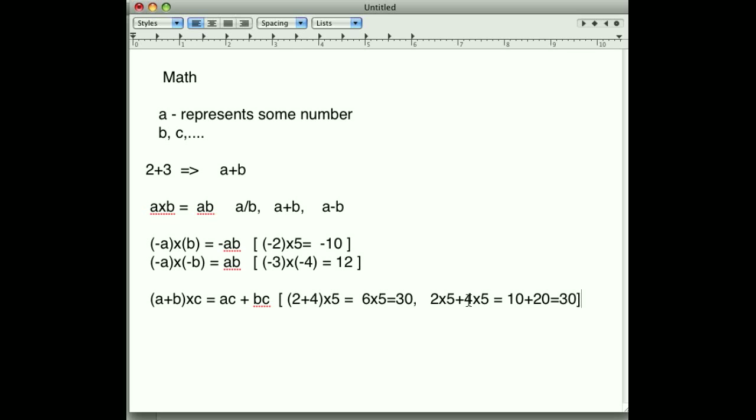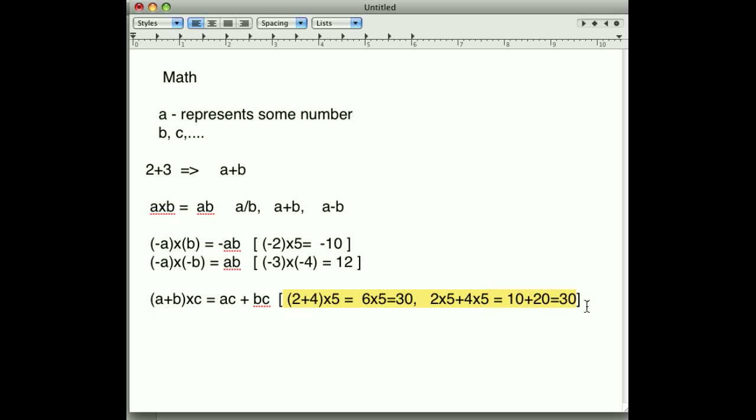So I hope I convinced you that if we put A plus B in parentheses, and we multiply it by C, then we can write it as AC plus BC. And here is the proof with this experiment.